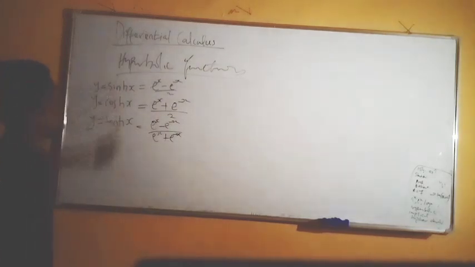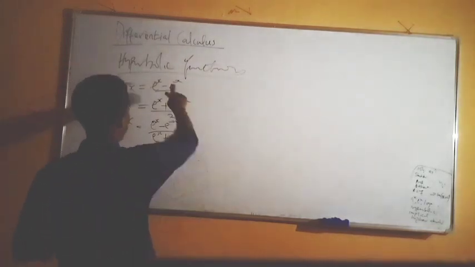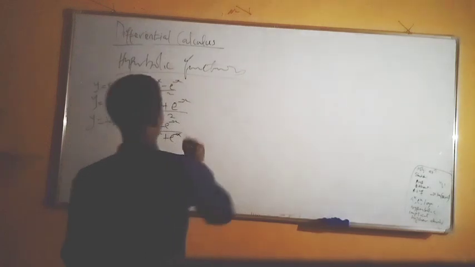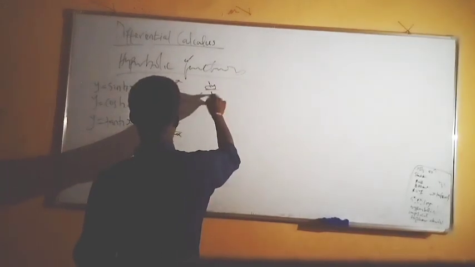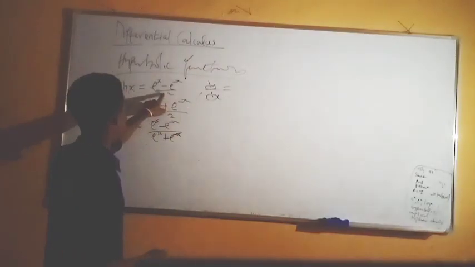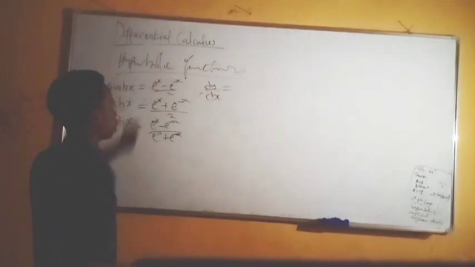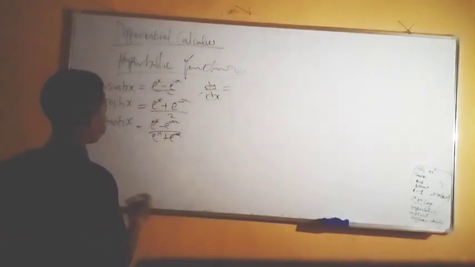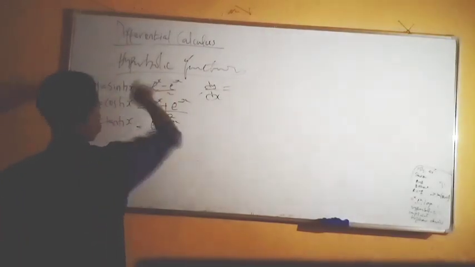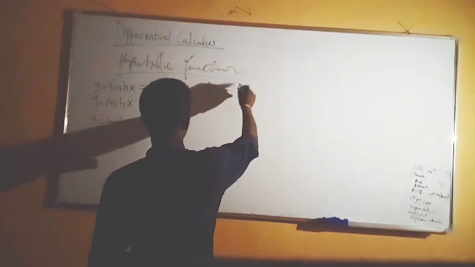If you differentiate this now, we find that dy/dx is equal to, differentiating this, of course, over 2 is half being the constant there, so we don't bother about it. So differentiating e raised to power x, we still have e raised to power x.